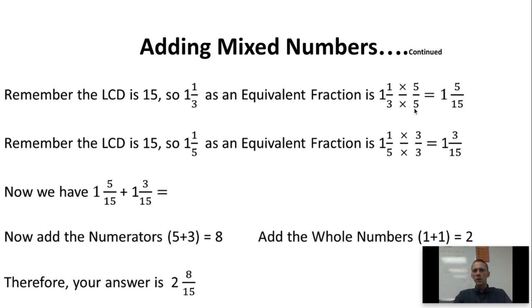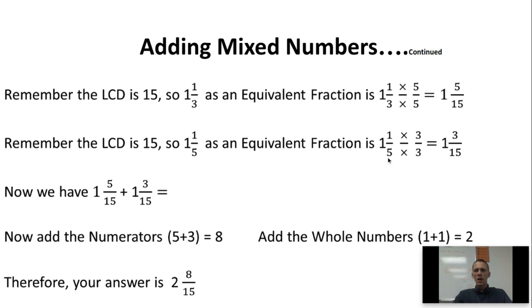Again, whatever you do to the bottom, you do to the top. So 1 times 5 will give you 5. Now the other fraction, let's take a look. We're taking 1 1/5 and raising that to an equivalent denominator. So again, our common denominator is 15.